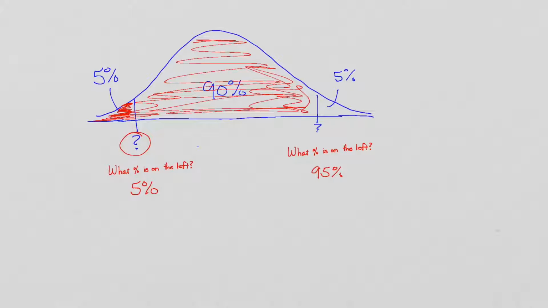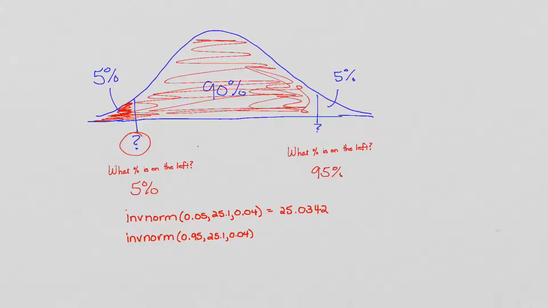Again, I'm finding 2 different values, so I'm going to have 2 different things to type into the calculator. When we have 5% on the left, then my value is 25.0342.